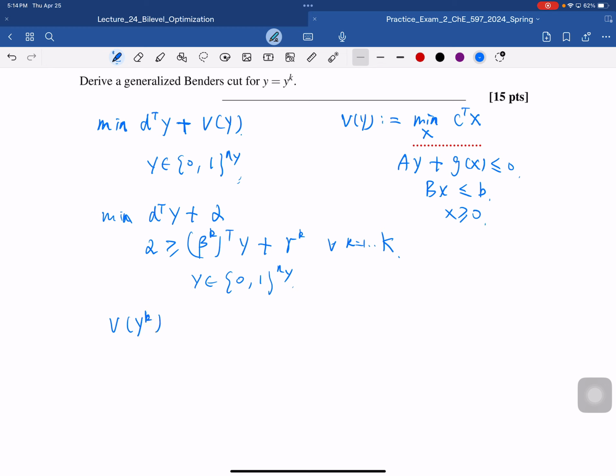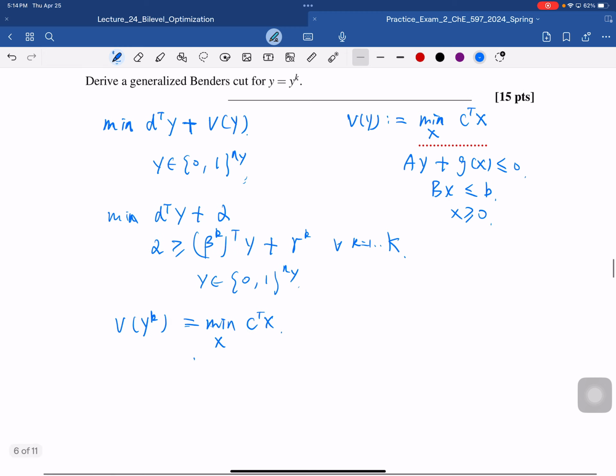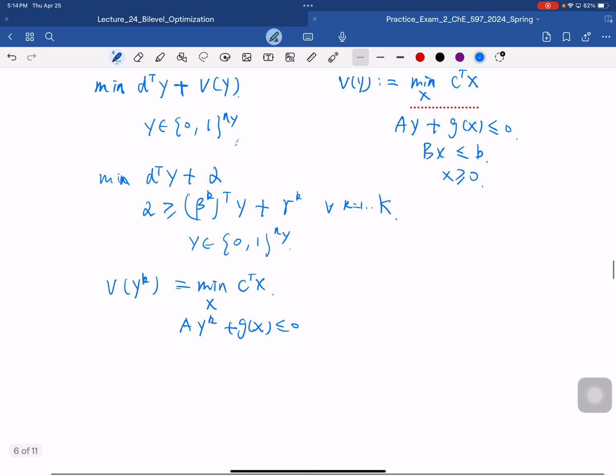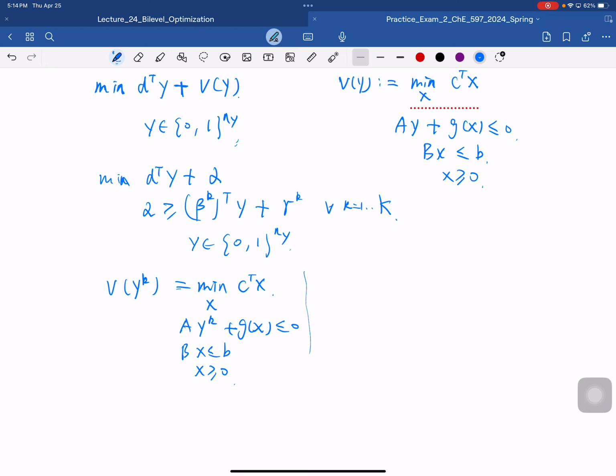Y fixed to y_k, then you minimize over x, c transpose x, subject to A y_k plus g(x) less than or equal to 0. Right? So that's the problem we are solving once we fix y at y_k. Right? So now let's suppose after we solve this nonlinear programming problem, we get the optimal primal and dual solution from this nonlinear programming problem.